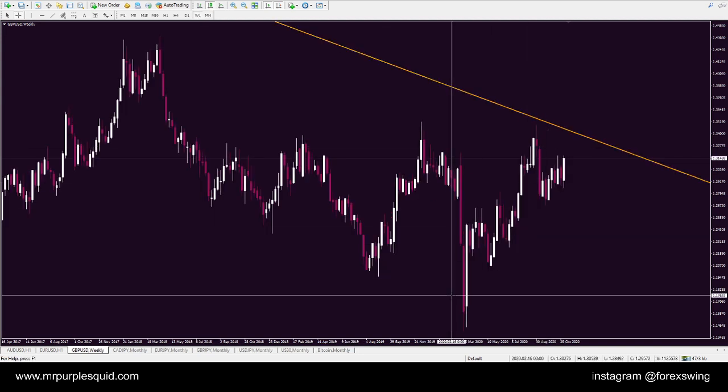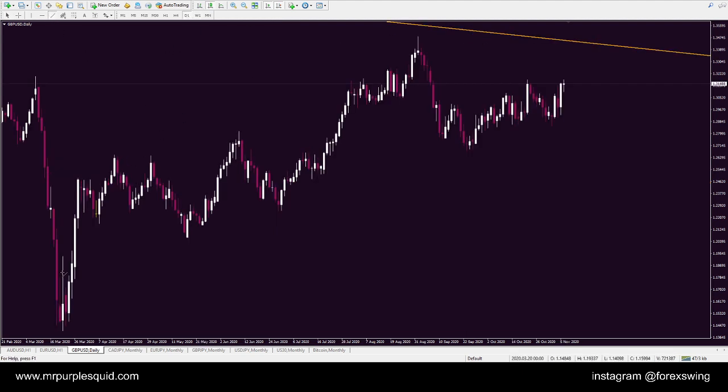All right. So weekly, bullish run. We could draw this. All right. And then price broke the bullish trend line and then started a different trend, right?